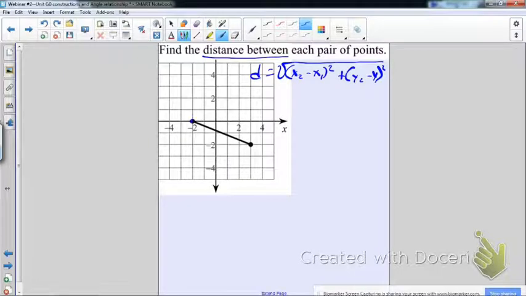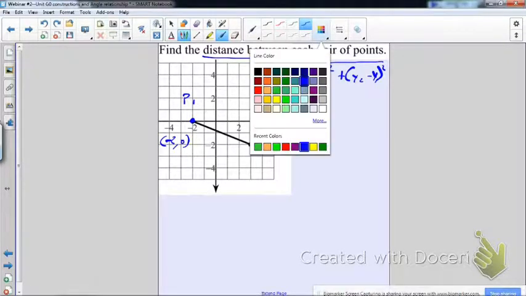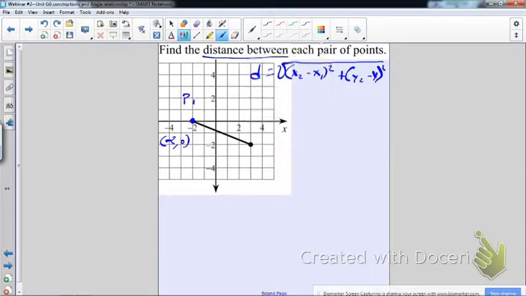Well, it comes from figuring out that this is your point 1, and point 1 is located at negative 2 comma 0, and it comes from understanding that this is your second point, and we'll call this P2, and P2 is located at 3 comma negative 2. Now that we understand where those points come from, we have to learn to label them.